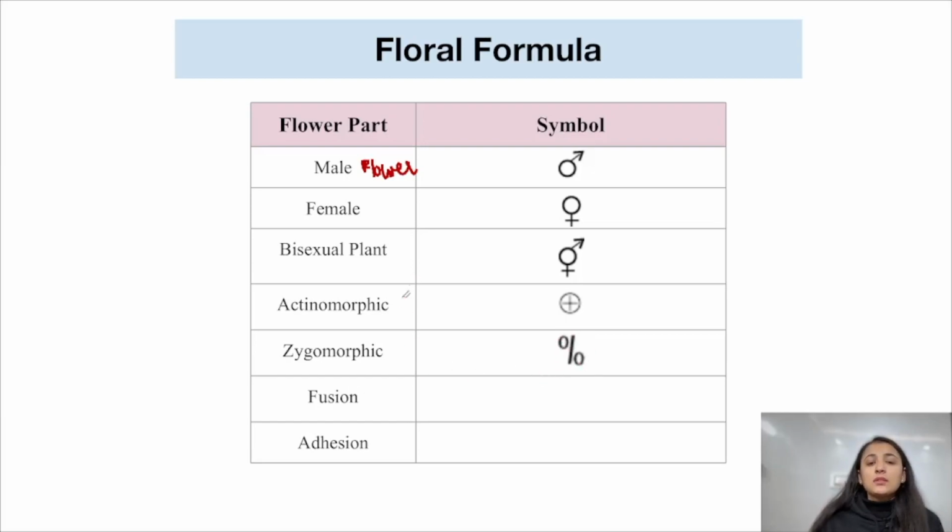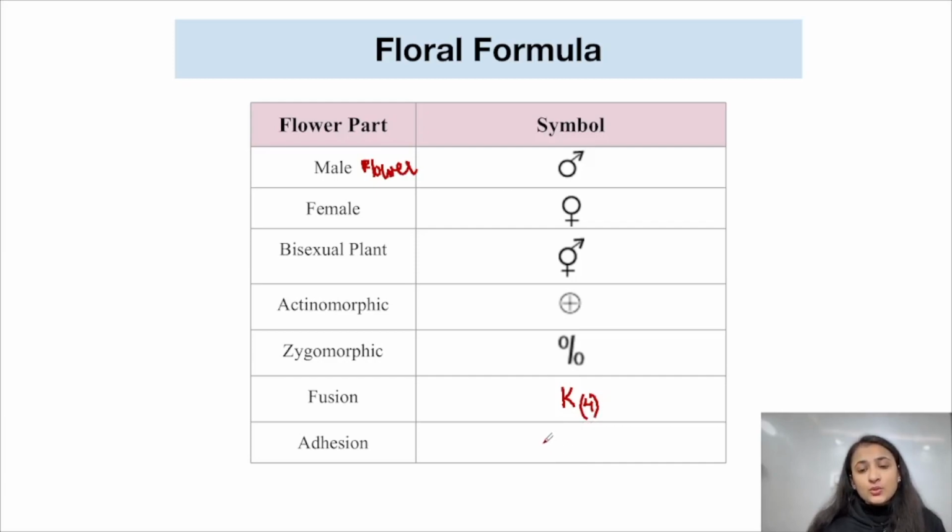Now if we want to show fusion in the floral formula, for example, if we want to represent that in the calyx, 4 sepals are there and all of these are fused to each other, we will draw a bracket like this. This represents that all of the sepals are fused with each other.